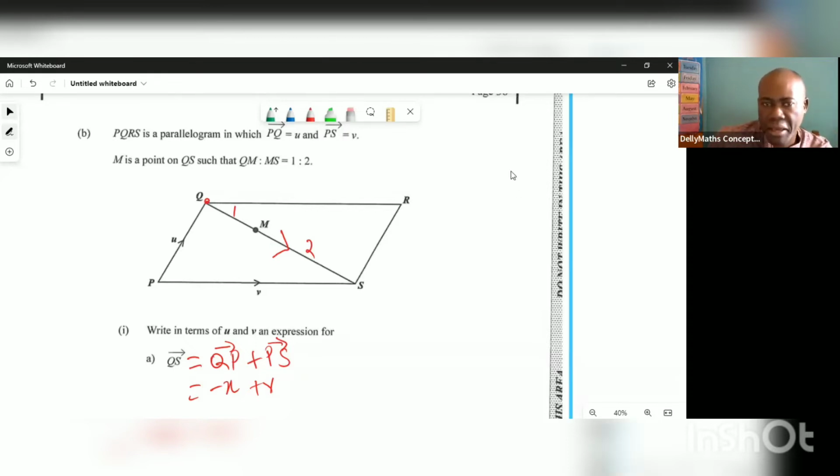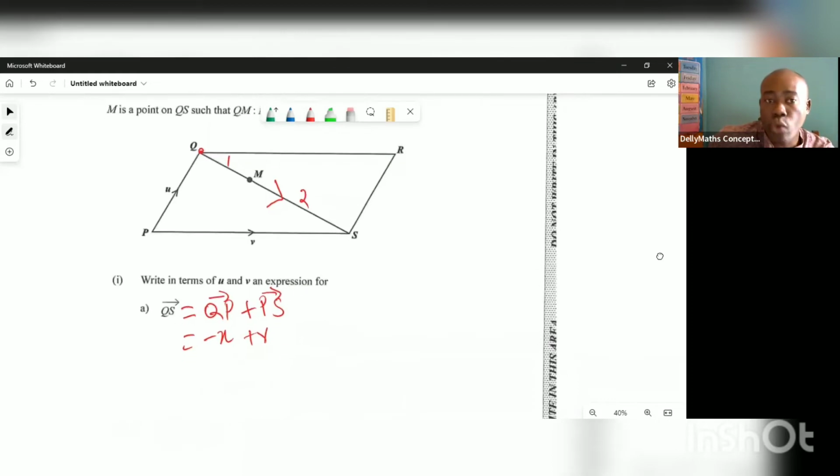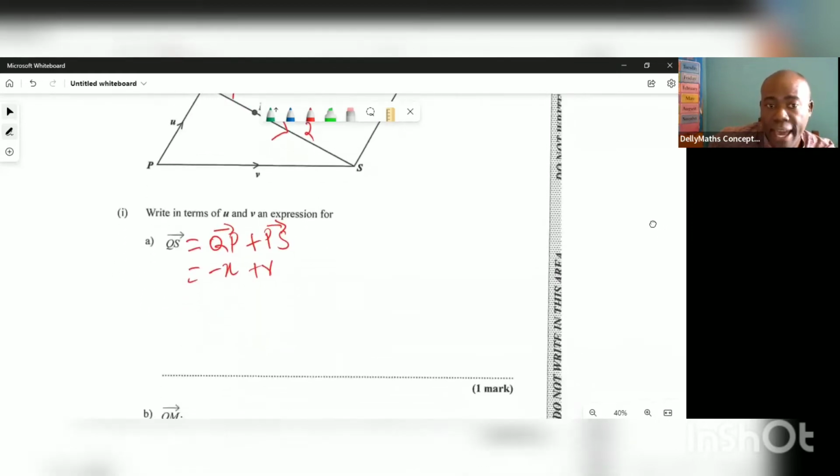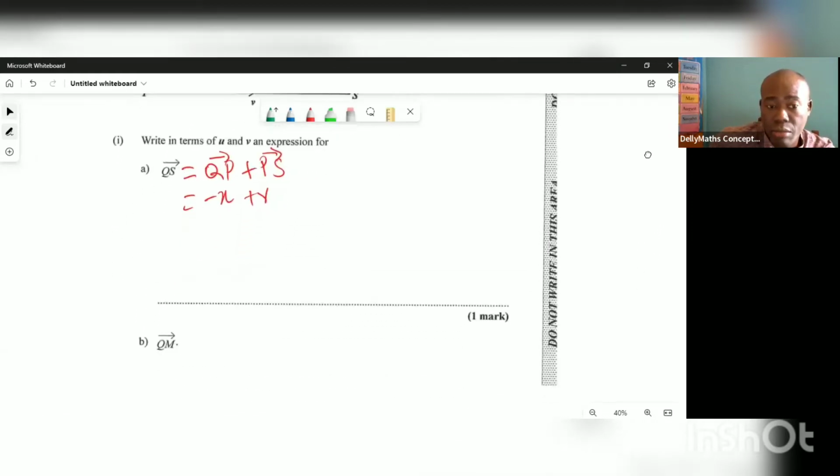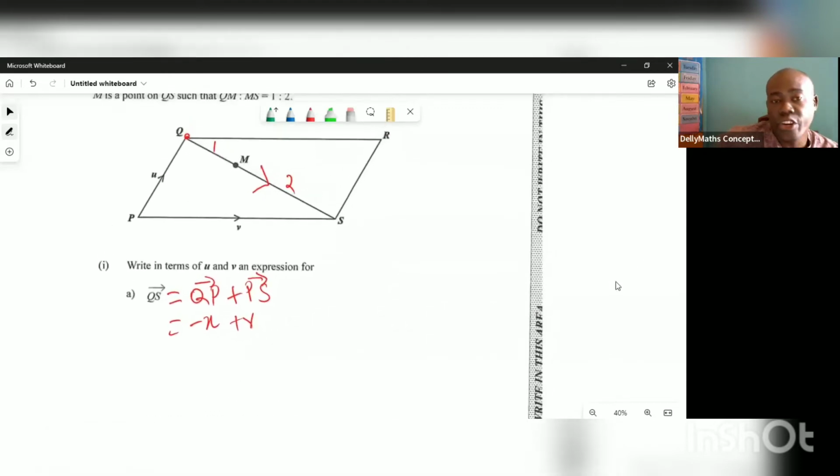So I can definitely find QM if I have my QS, because it's 1/3 of the journey. From Q all the way to S was divided up into thirds, and QM is just 1/3 of it.